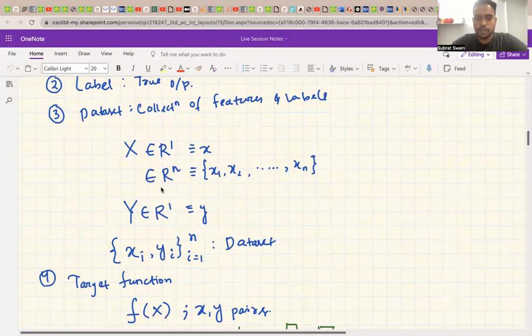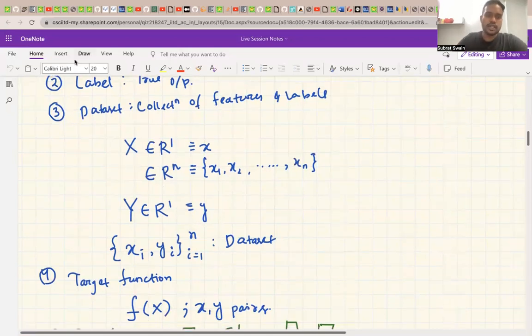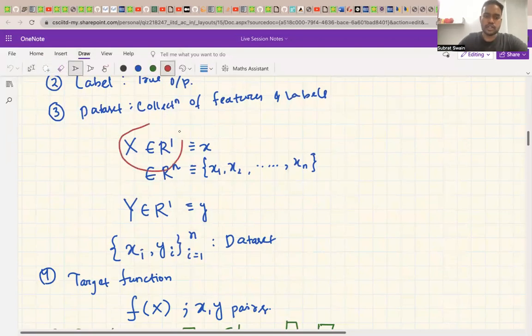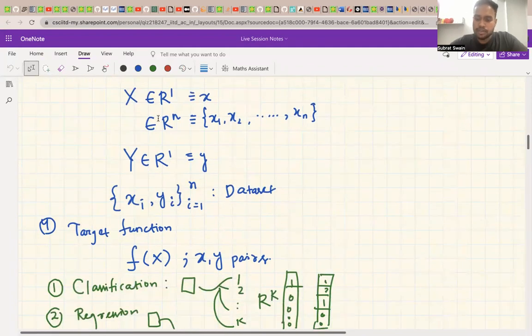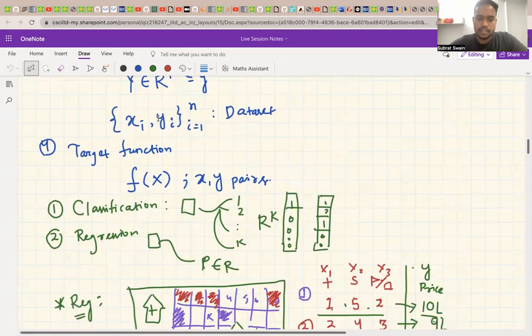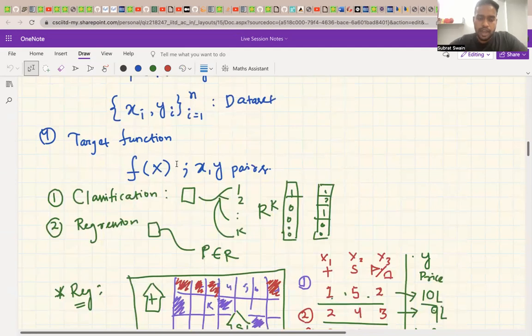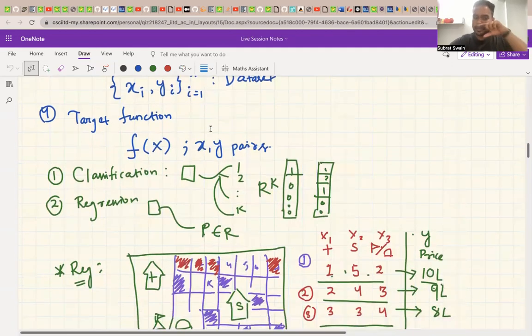Then we used some notation here, and in this notation we demonstrated that the features are represented like this, and these are the labels, and if we combine them, this will be the dataset. And so f(x) is the target function which we are trying to learn basically.